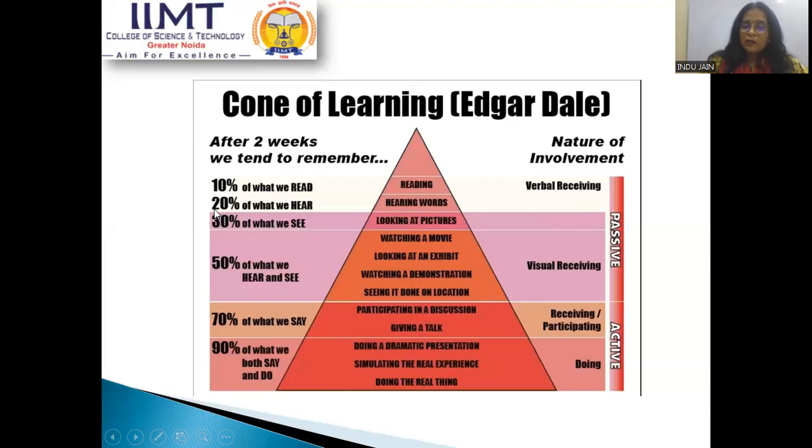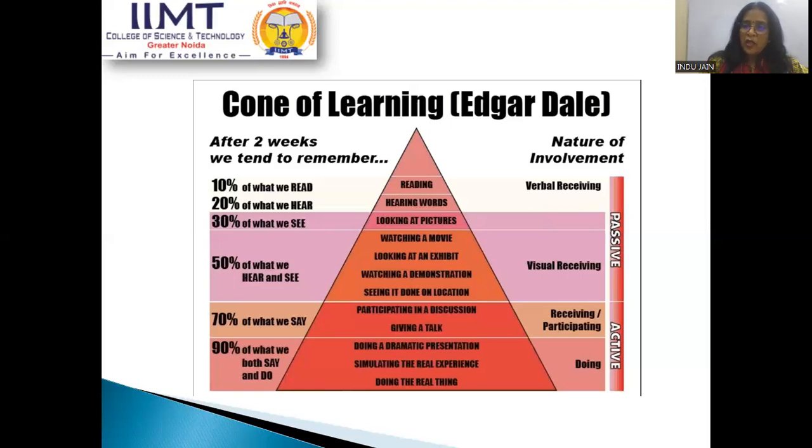And if we do something, or are involved in the learning process, either in the form of a drama, giving a talk, or demonstration, 70% remains in our mind, and by learning by doing, all our sense organs are completely involved.